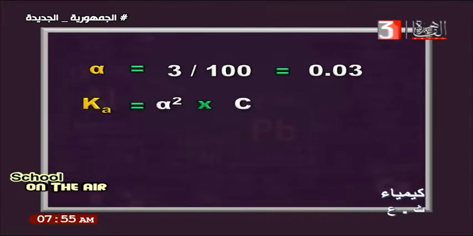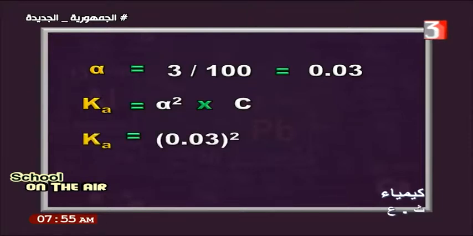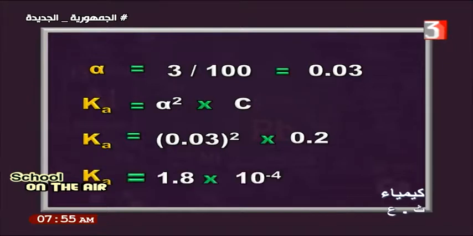Here, as we know, alpha equals 3 over 100 equals 0.03. So Ka equals alpha squared times C. So the ionization constant, by substituting the value of alpha and C, equals 1.8 times 10 to the power negative 4 as shown on the screen.